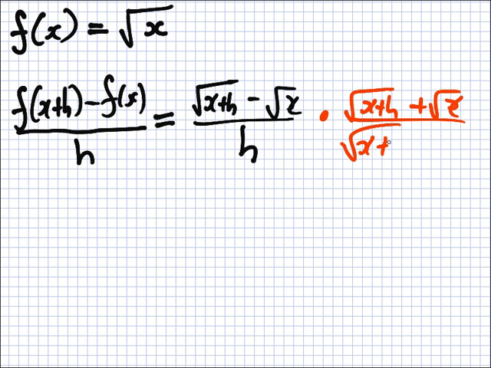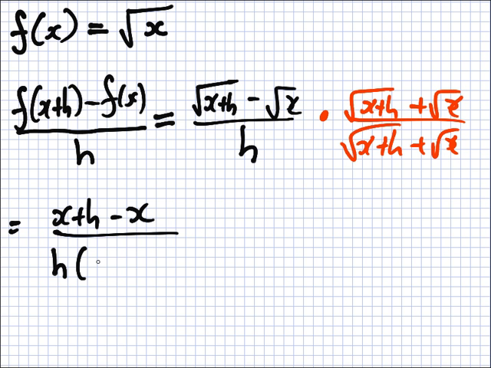Rationalize, yeah. So then this equals (x + h) minus x on the top when you expand it, and on the bottom it'll be h times (root (x + h) plus root x).